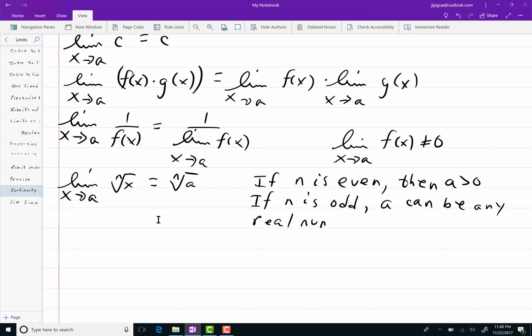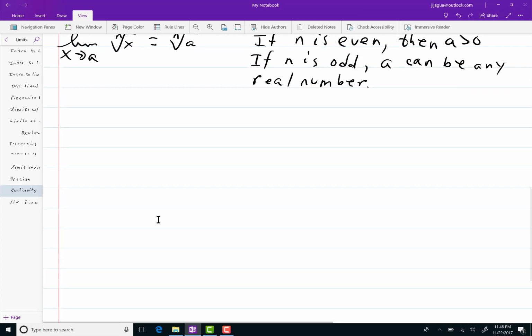What this does for us is the following. Let's take a polynomial. This looks something like b sub n x to the n plus b sub n minus 1 x to the n minus 1 plus dot dot dot plus b1 x plus b0.